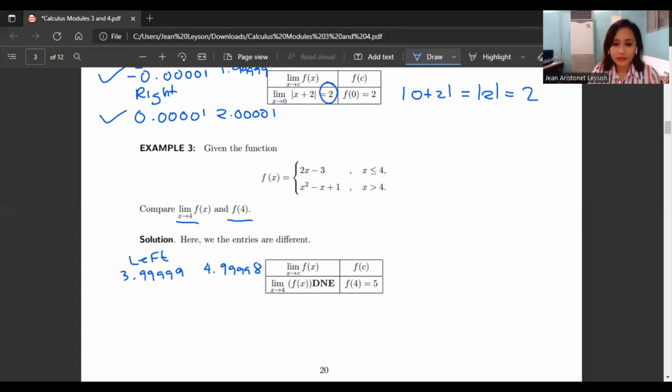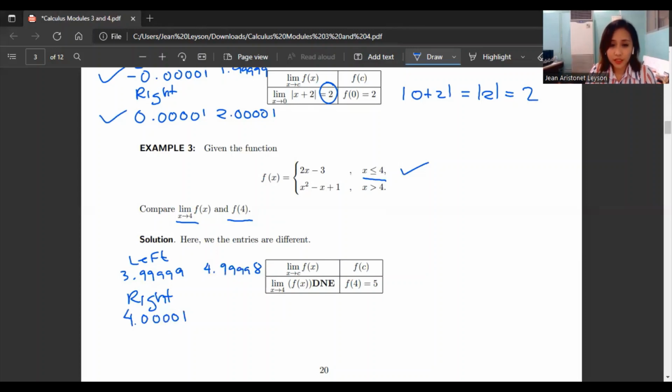By the way, for the left, we will be using this part of the function since x is less than or equal to 4. For the right side, a value that is close to 4, we can use 4.00001.